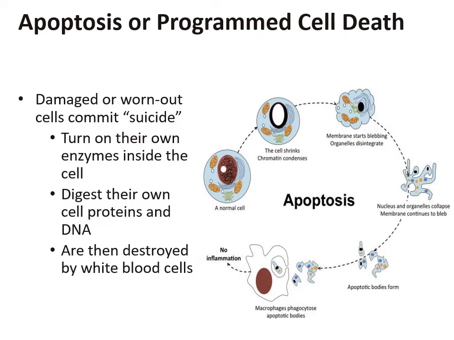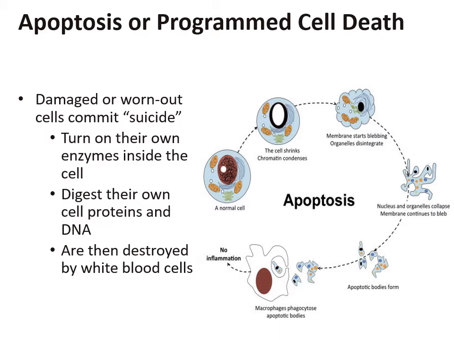Okay, so here's an image of apoptosis, or what we call programmed cell death, right? Damaged, worn out cells need to be cleared on a regular basis. This is happening millions of times every day in a human body.